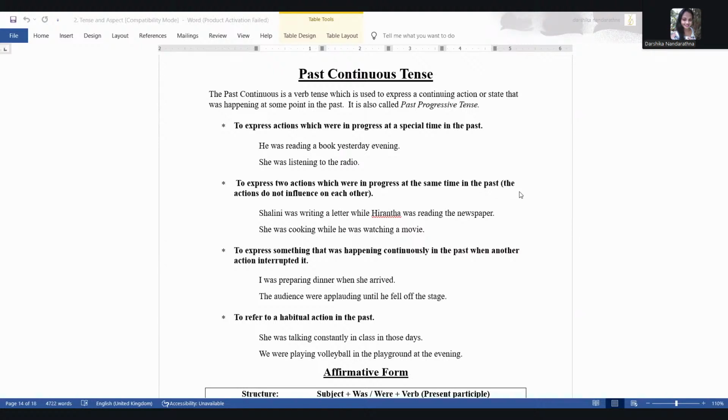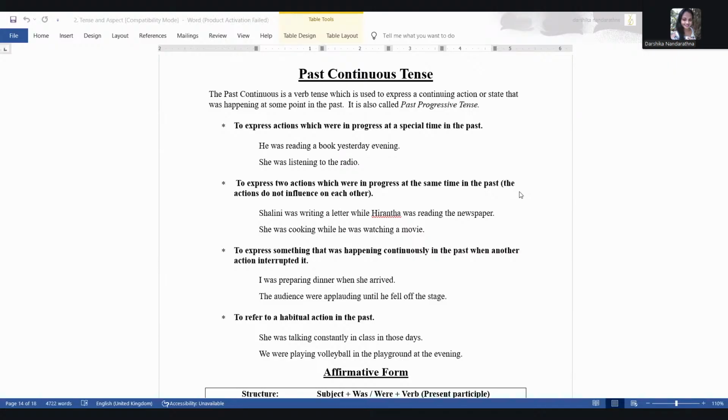So we can use past continuous tense to talk about two or more actions in the past. Okay? That means about a series of actions in the past, but they don't influence each other. එකකට එකක් බලපාන්නේ නැහැ. හැබැයි එකම කාල සීමාවක් තුළ වෙමින් පැවතුන ක්‍රියා කිහිපයක් ගැන කතා කරන්න past continuous පාවිච්චි කරන්න පුළුවන්.